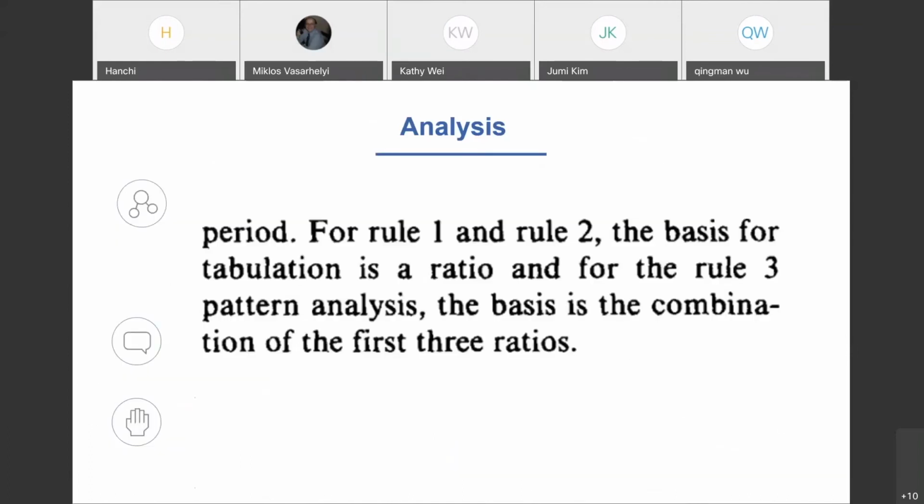The summary is that rule 1 and rule 2 are ratios. Population ratios is a ratio, and the third rule is pattern analysis. The basis is the combination of the first three ratios.